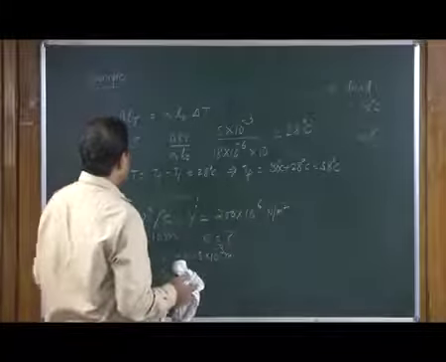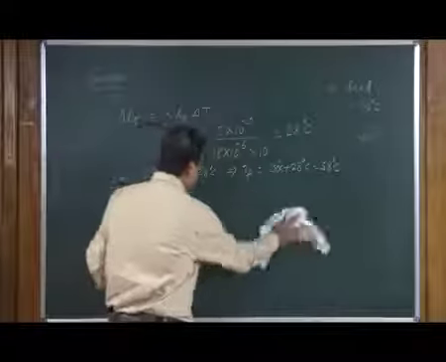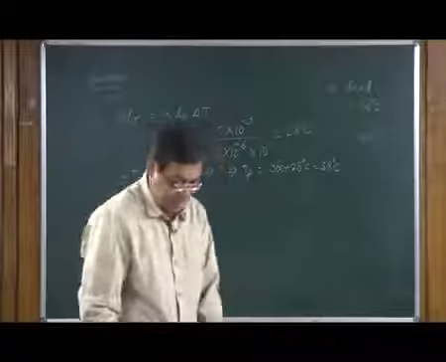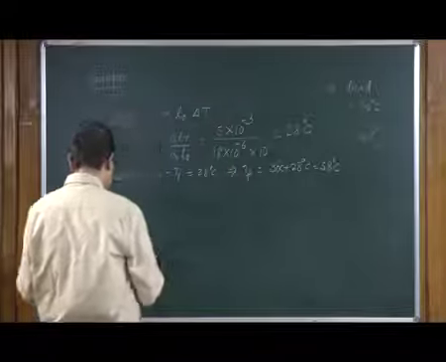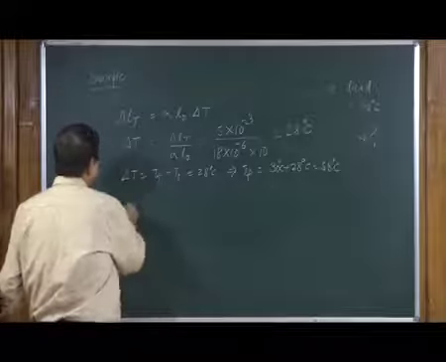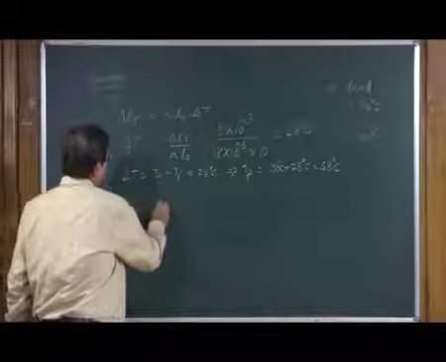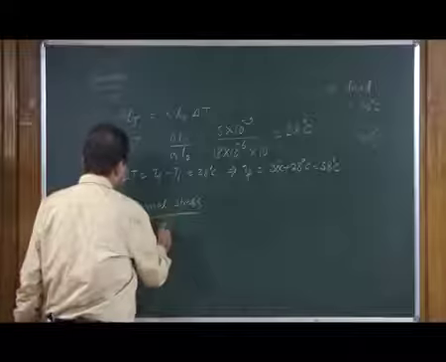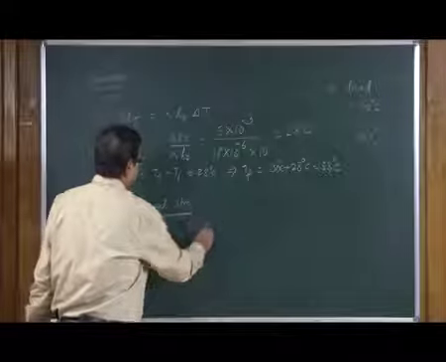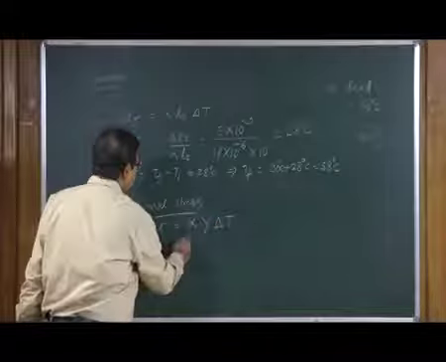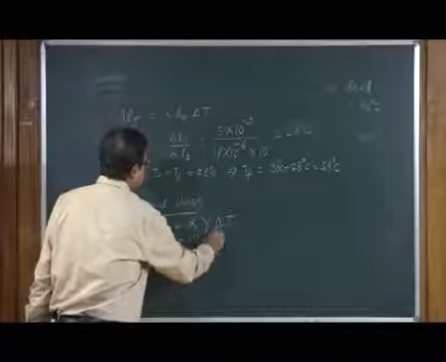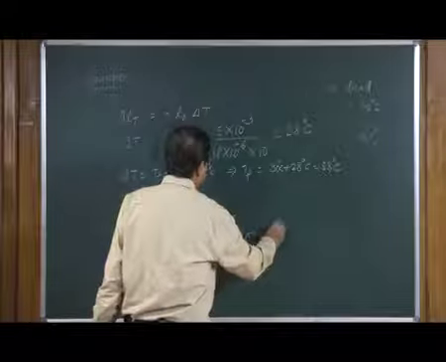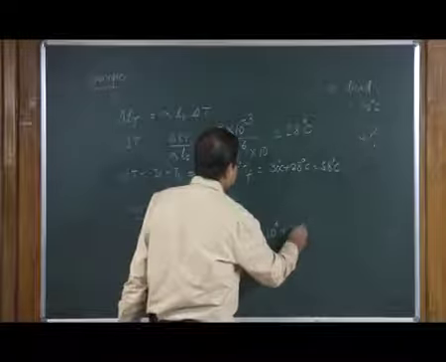So, let us see the next part of the problem, which is about calculation of the thermal stress, and in which case, as we understand, the thermal stress is computed as sigma equal to alpha Y delta T, alpha being 18 into 10 to the power minus 6, Y is 200 into 10 to the power 6, and delta T is 28.